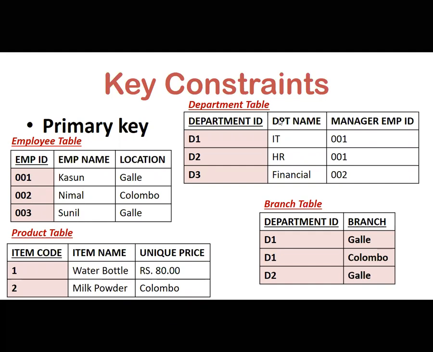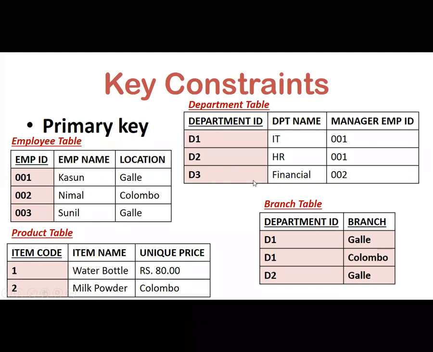Can you all see the screen? Yes, sir. All right. Now how do you identify this one? If you are given a table, how do you identify what the primary key is here?